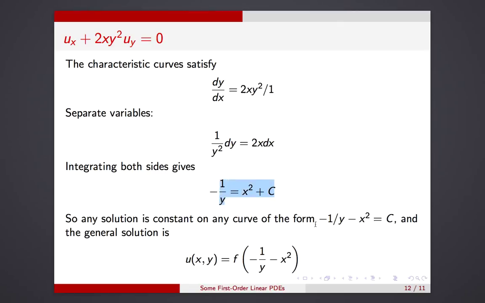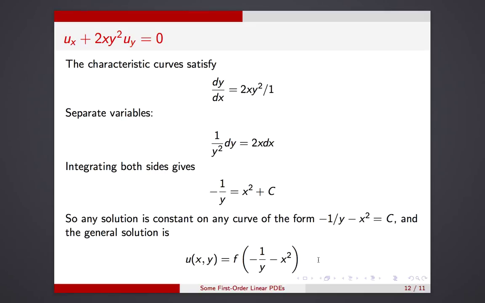So if we just isolate that c and we get our negative 1 over y minus x squared guy, these are the curves on which a solution is constant. Therefore, the solution only depends on which of these curves you're on. So the solution is a function of the particular curve you're on. And the general solution is this. U is a function of whichever of these curves you are on, where again, f can be any single variable function.